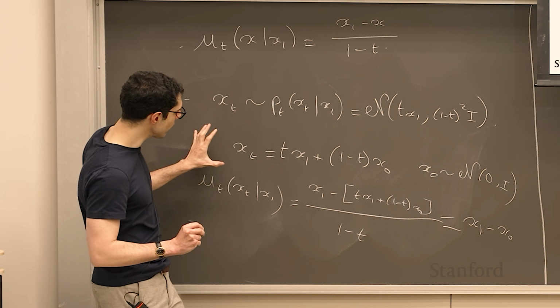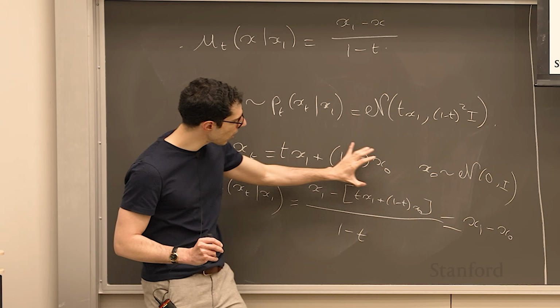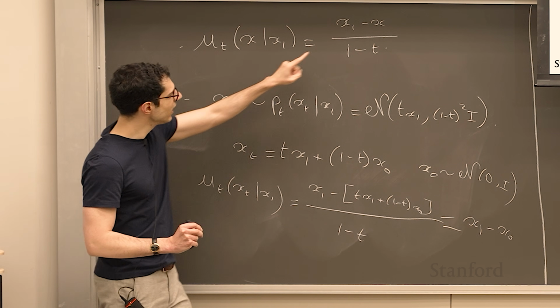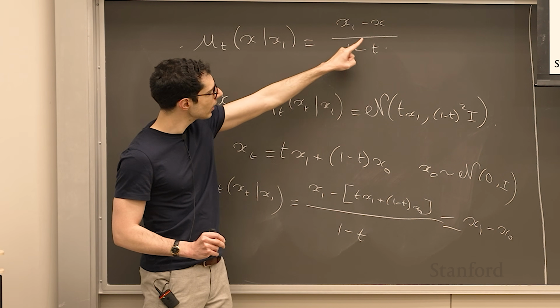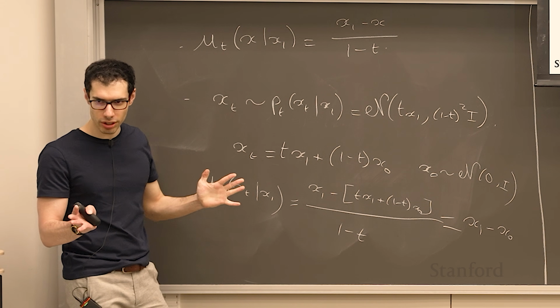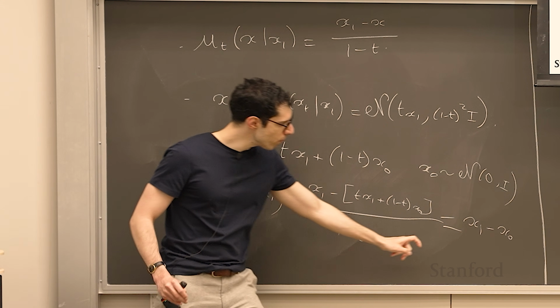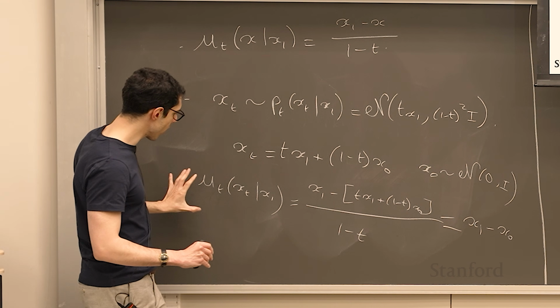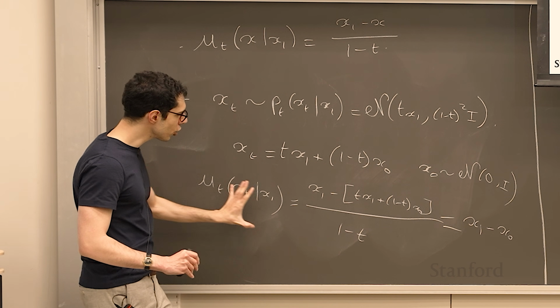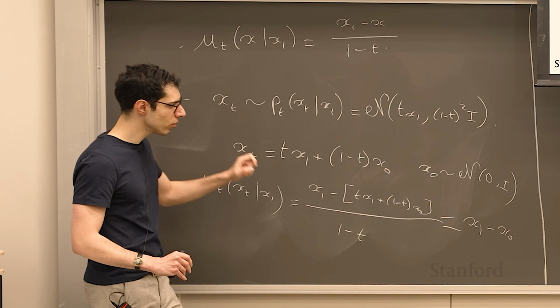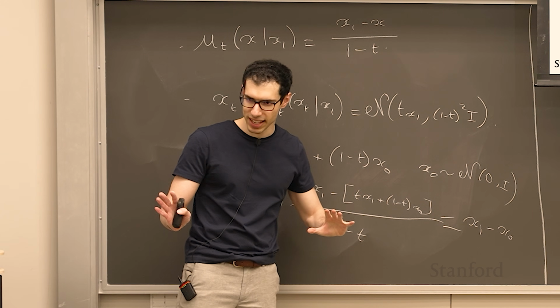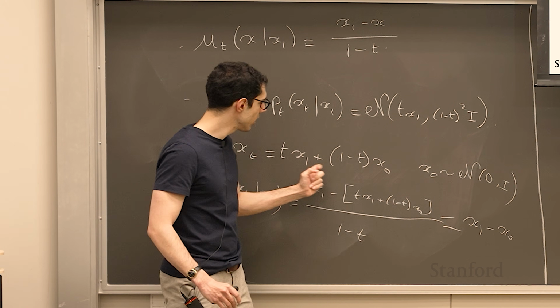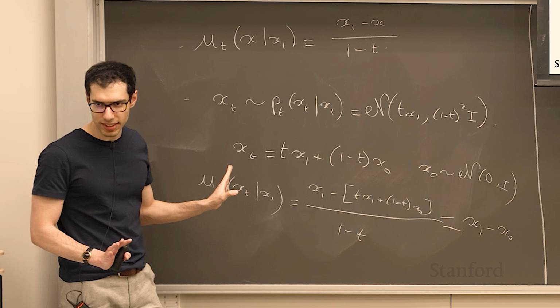And so what I'm telling you is, if you were to plug in that expression in here, then a lot of simplifications occur, and you end up with a very simple expression of the conditional vector field at that point being equal to just x1 minus x0, where x0 is basically this component of xt.